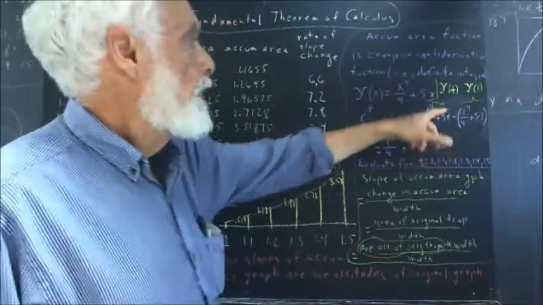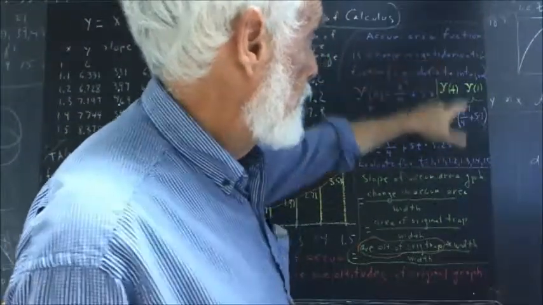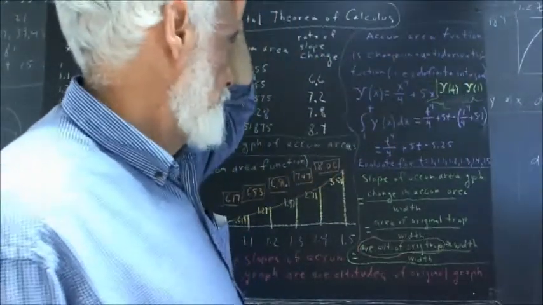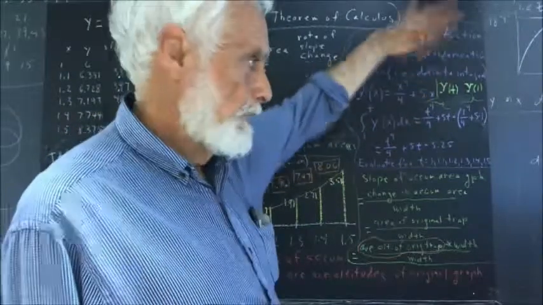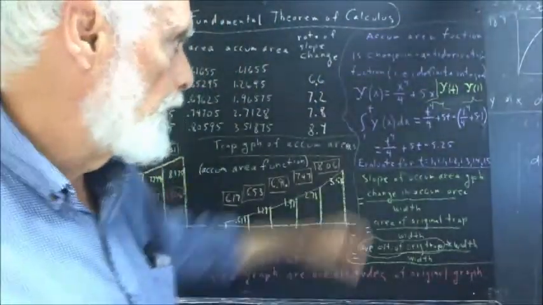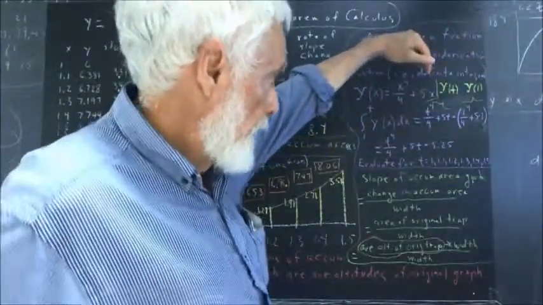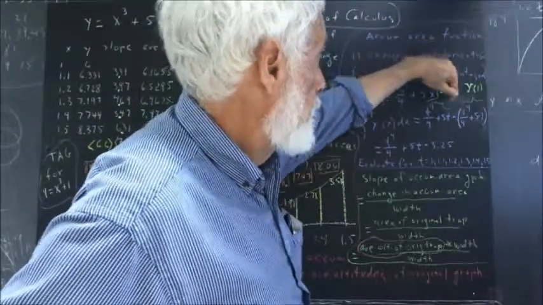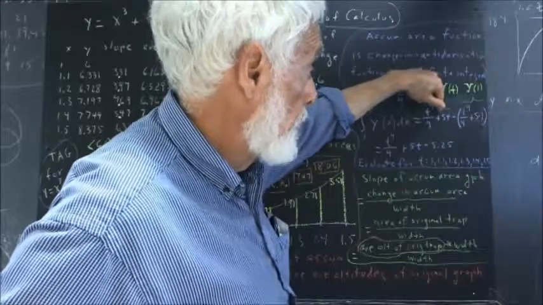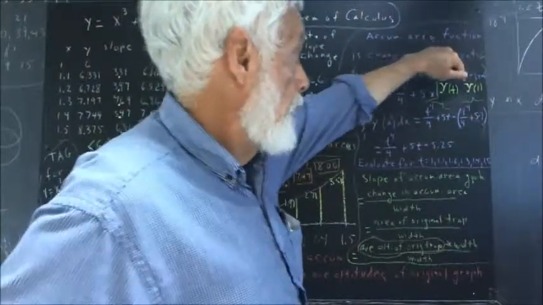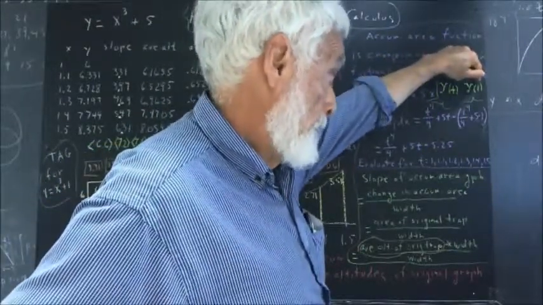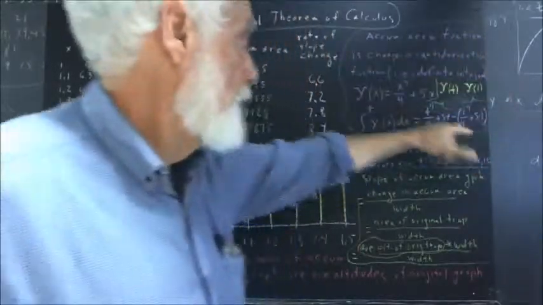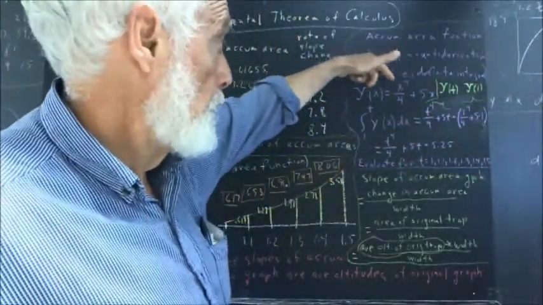The value of our antiderivative function at t, we don't want to use x, we're going to use t because I want to relate this to an integral and notation and so forth. There's no really good way to do this without a little confusion. But we're going to say that the value of our antiderivative at t is t to the 4th over 4 plus 5t.